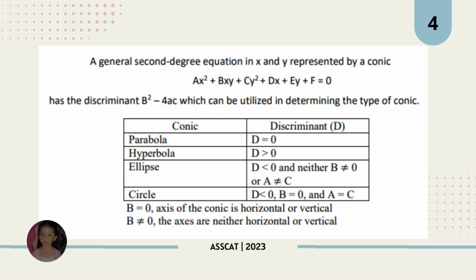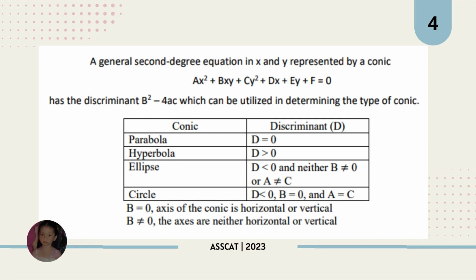A second-degree equation in x and y represented by a conic, ax squared plus bxy plus cy squared plus dx plus ey plus f is equal to 0, has a discriminant b squared minus 4ac, which can be utilized in determining the type of conic.